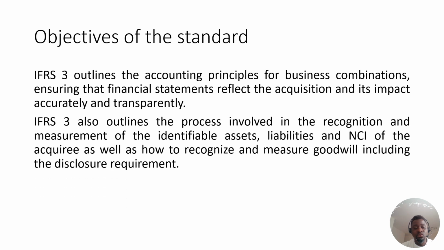This standard also outlines the process involved in the recognition and measurement of these identifiable assets that we are talking about, and also liabilities, as well as non-controlling interests. The standard also helps us to look at how to measure goodwill, including all relevant disclosure requirements from time to time.